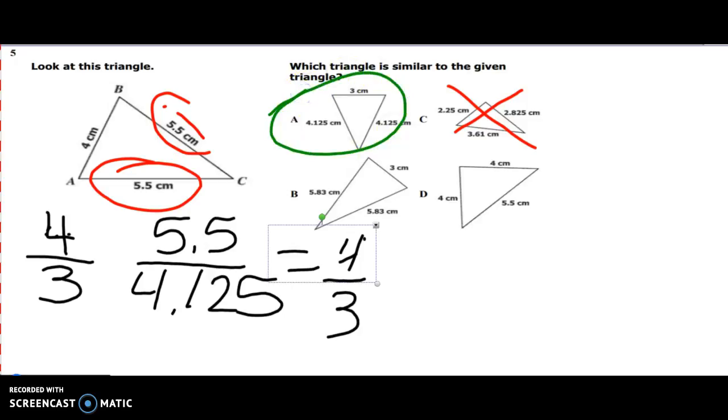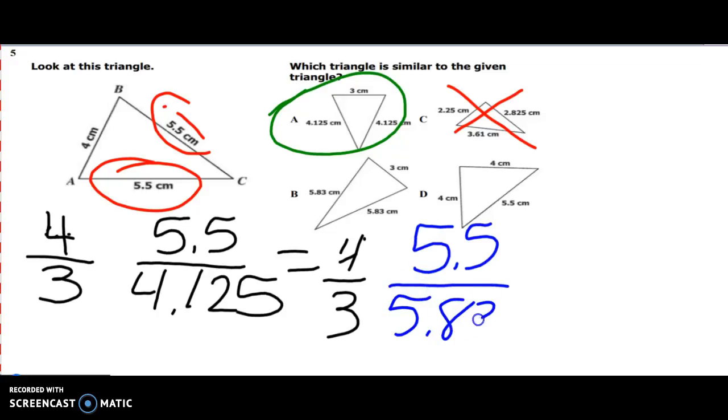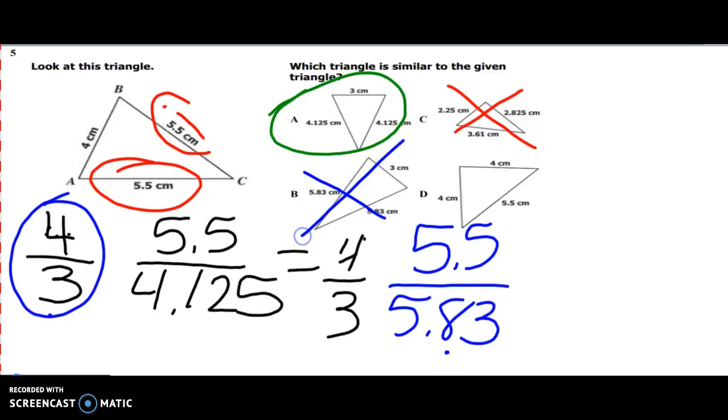Let's keep comparing. Let's compare in the next one. Let's compare the 5.5 to 5.83. Hopefully everybody can see that this one is larger, and in our scale factor, the top number is larger, so we should be able to automatically eliminate that one.